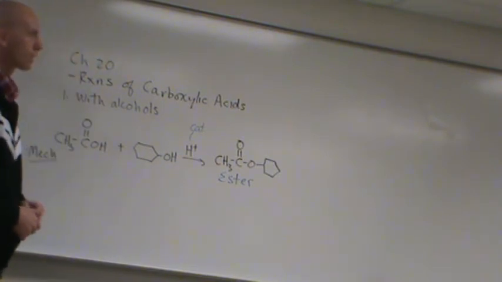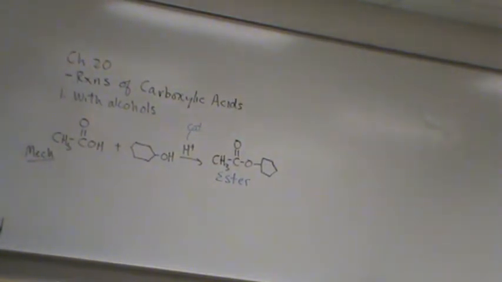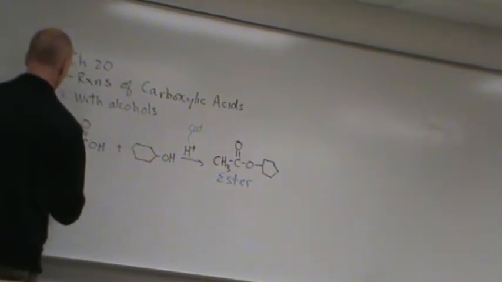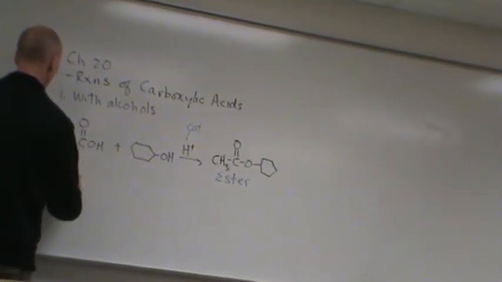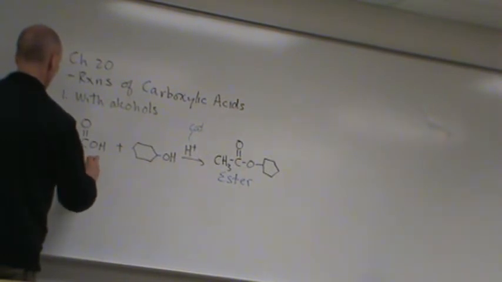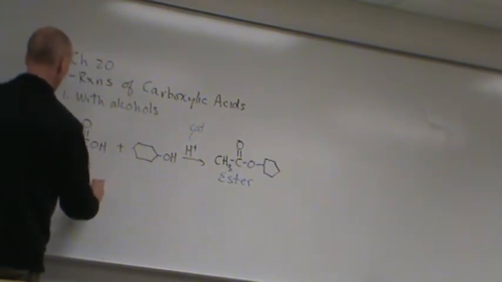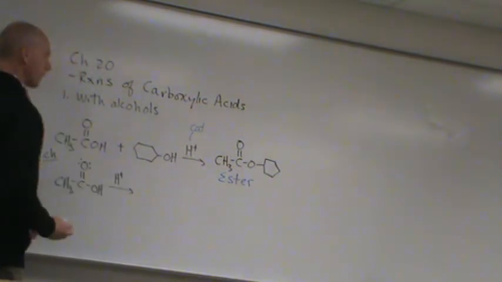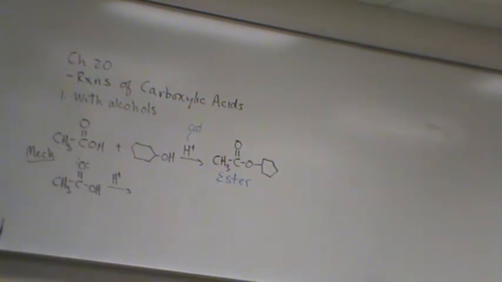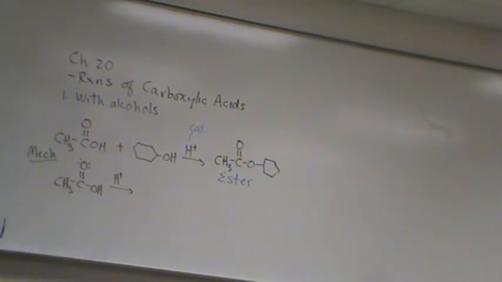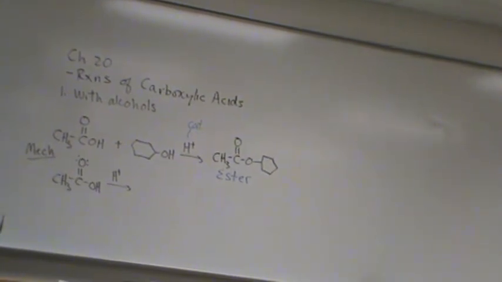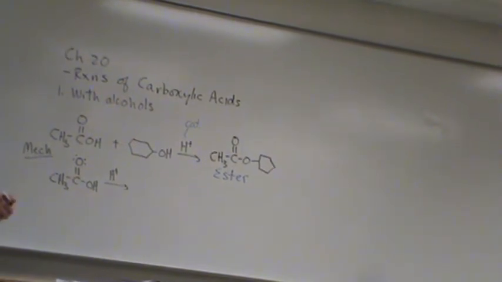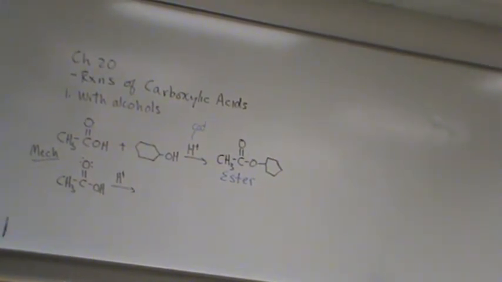So let's look at the mechanism of how this works. What you'll see is that it's very similar to the stuff we did with aldehydes and ketones. I'll ask you questions, and it should be very obvious what happens in each step.